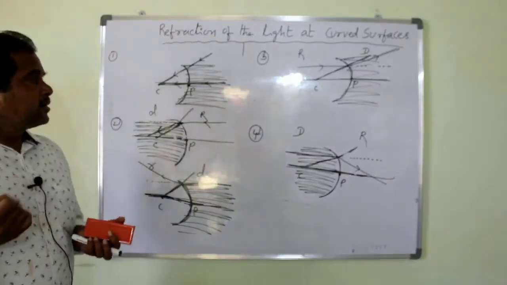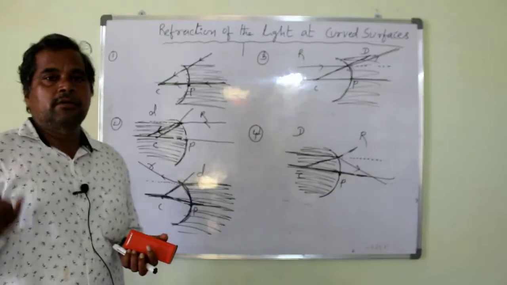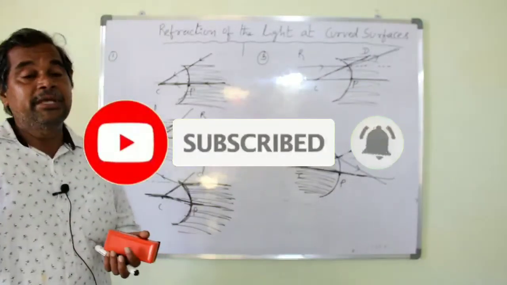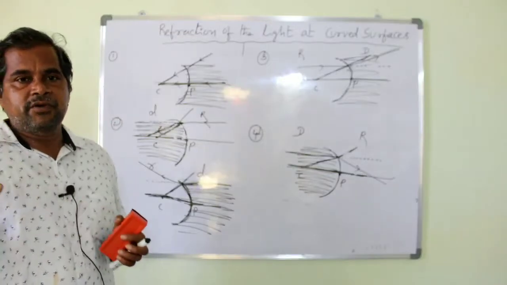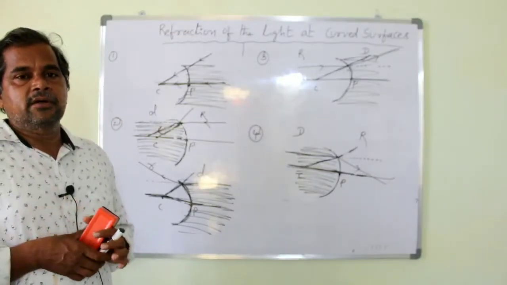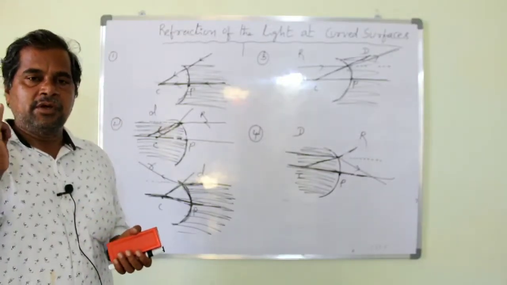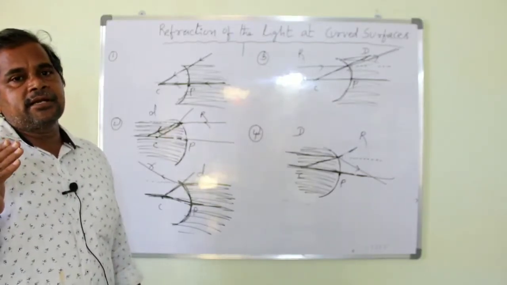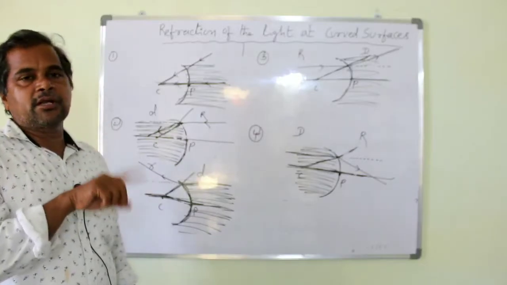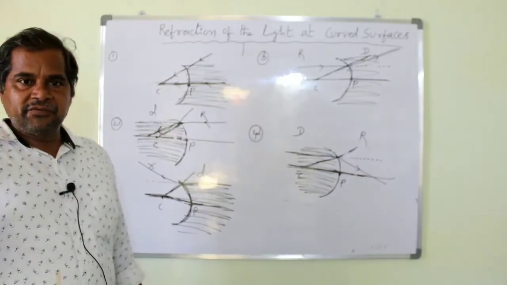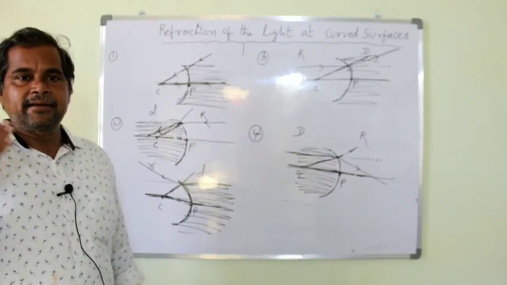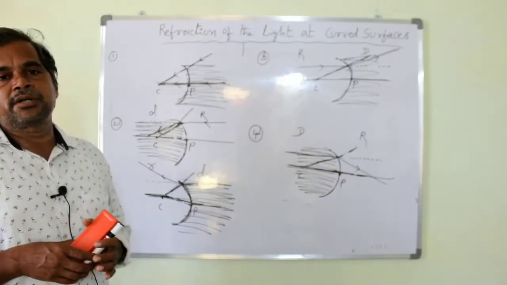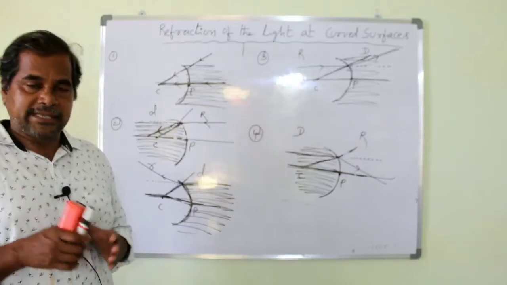So here we are discussing the behavior of the refracted rays when the light rays are incident on the curved surfaces. Here also we must remember one thing: if any light ray which moves either denser to rarer or rarer to denser is incident perpendicularly on the curved surface, the corresponding refracted ray doesn't deviate its direction.